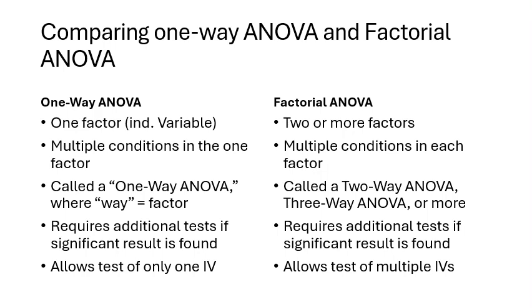We call it one-way ANOVA, and we call the factorial ANOVA two-way or three-way, or we can even have more factors. The one-way requires additional tests if a significant result is found, and the same is true of the factorial ANOVA. The one-way ANOVA allows a test of only one IV, but there are benefits to the factorial ANOVA because you can test multiple IVs in one sample, and so it does save money when you're gathering data for research.